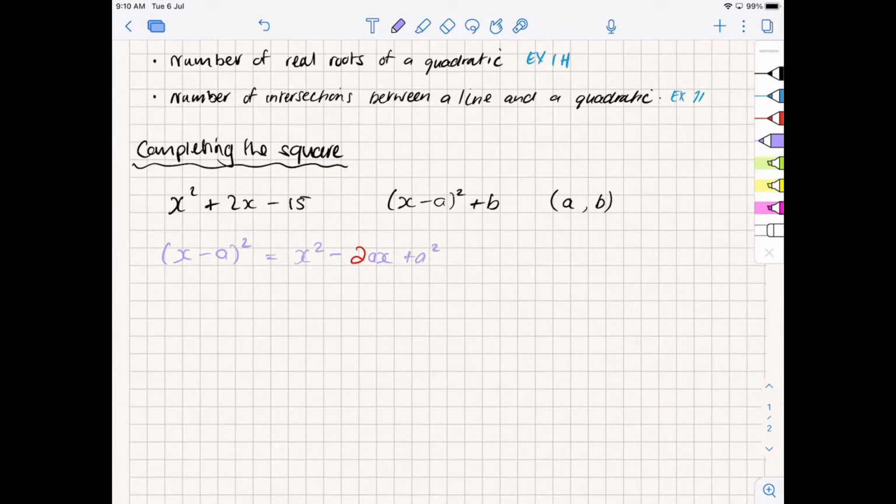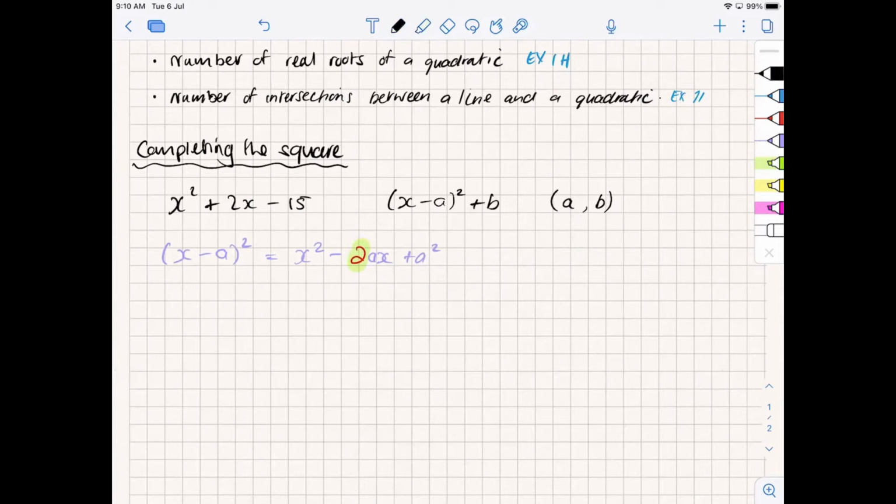We're going to use the fact that we get 2 lots of this thing to our advantage. So if we get 2 lots out, that means when we put it inside the bracket, we should just get 1 lot. In other words, we just divide by 2.